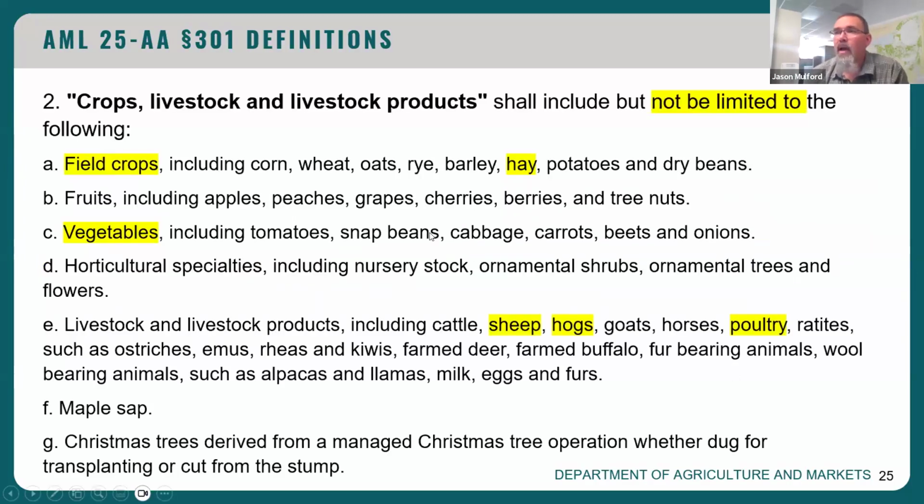As far as crops and livestock products, we have a variety of them, and here I have some highlighted that are typical for agrivoltaics. But the key is it shall not be limited to the following. We do offer some flexibility, but it has to be part of a commercial operation. Field crops and hay have been more of the progressive agrivoltaics that we've approved.